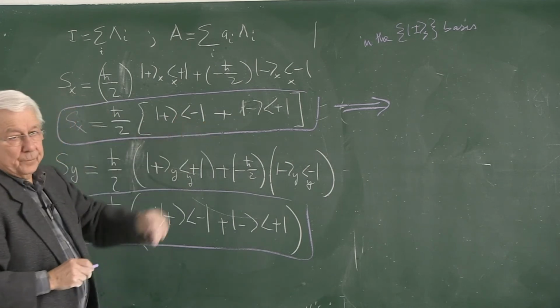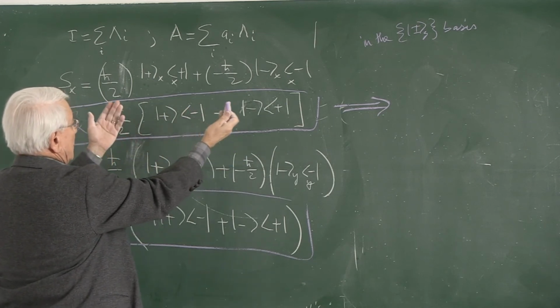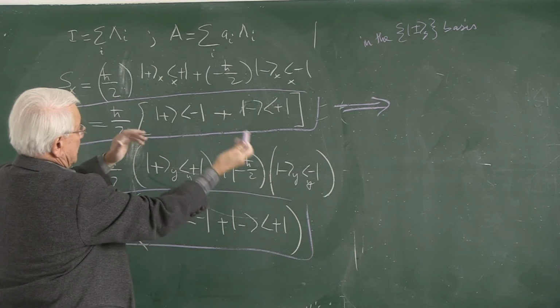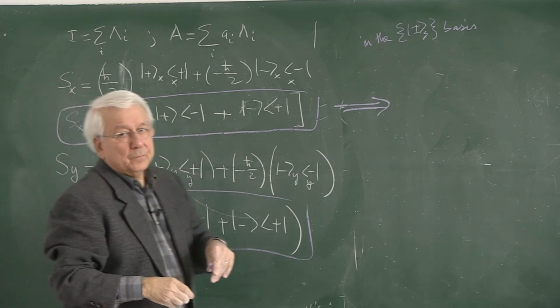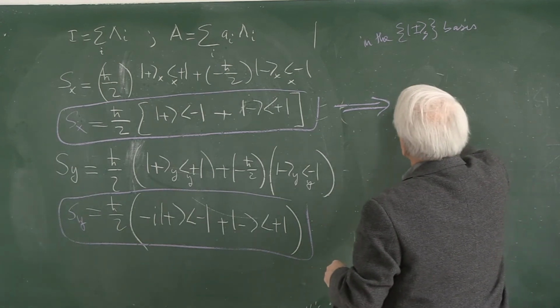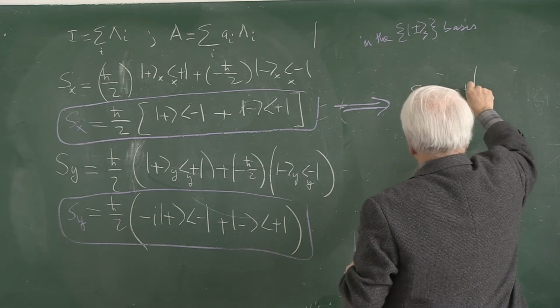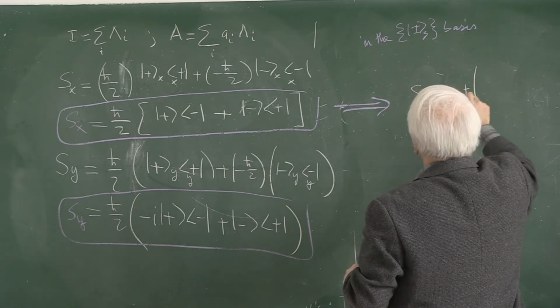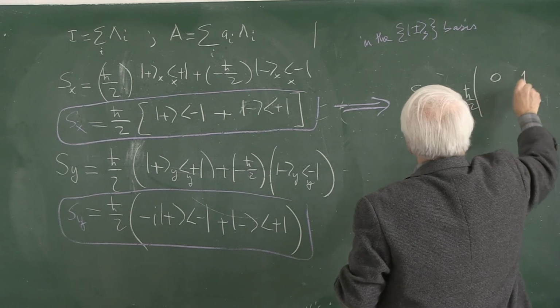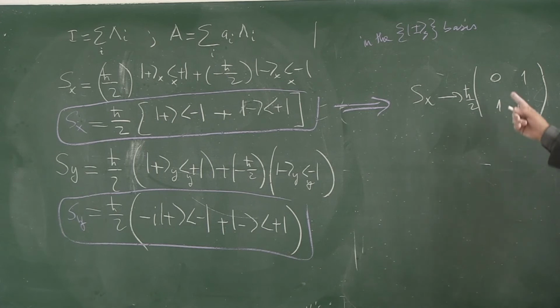Now I have to sandwich these between plus plus, minus minus, plus minus, minus plus. I have a 2 by 2 matrix, right? So Sx, the matrix of it, is h bar over 2 times 0, 1, 1, 0. That is the plus plus, plus minus, minus plus, minus minus representation.